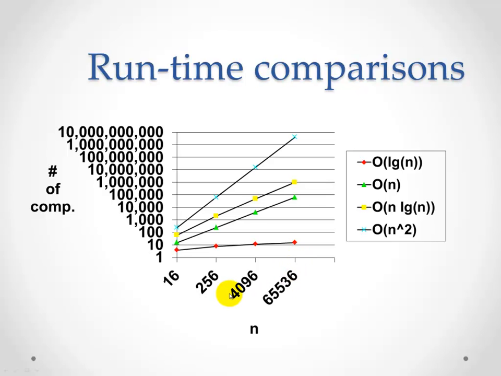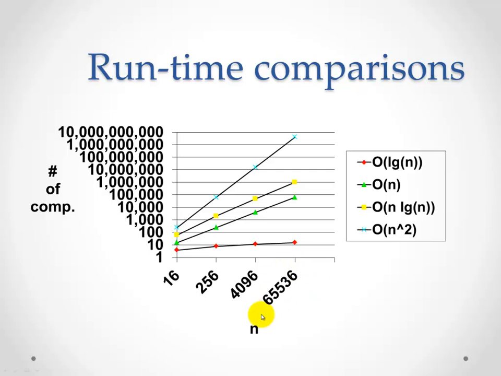If we look here and let's say we have 4,000 elements, log n, we're going to have to visit 12 elements. Order n is 4,000. Here we're probably, I'm guessing, maybe 60,000. Then over here with order n squared we're visiting over 10 million elements.